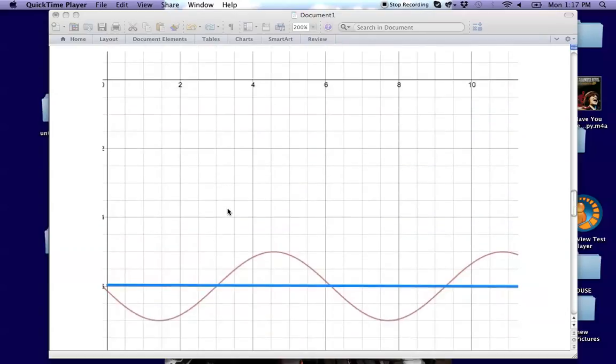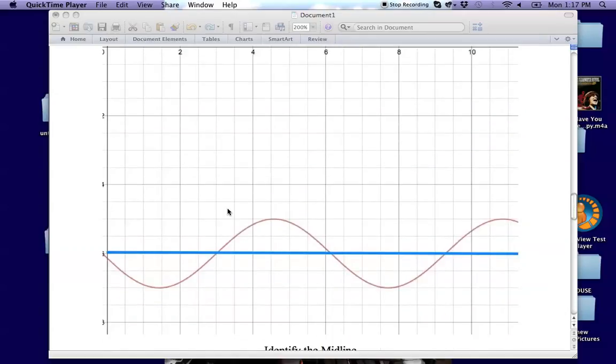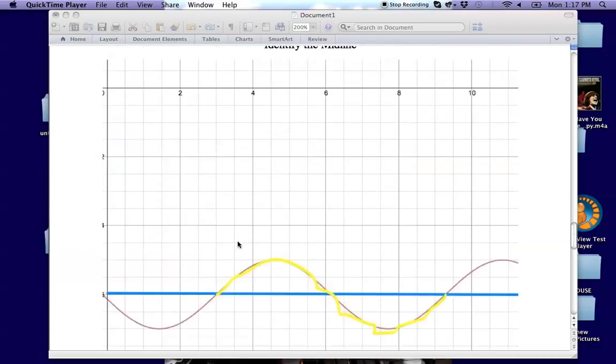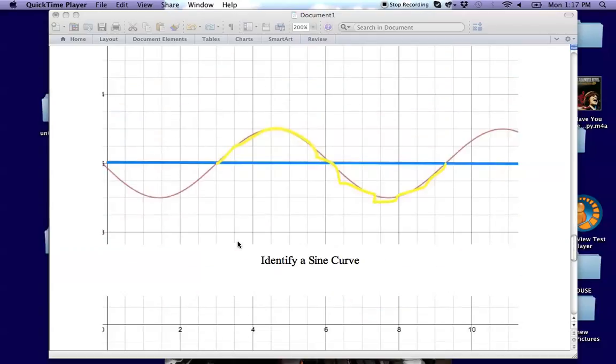For the first thing, I would identify the midline. So sketch that midline through the graph so it cuts right down the middle. Then I want you to identify a sine curve, the first one you come across when you're moving to the right of the y-axis. So this down here is not a sine curve. A sine curve always starts at the midline, goes up, cuts down, and back.